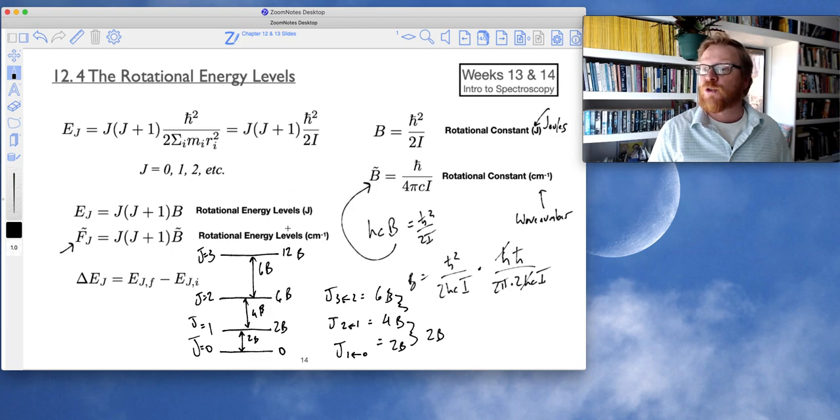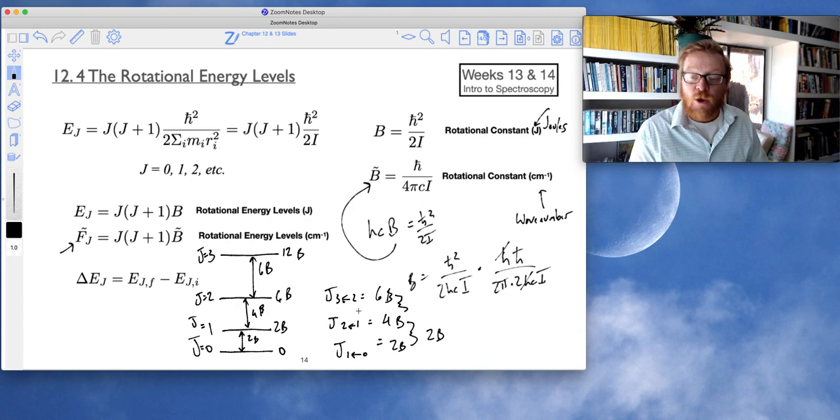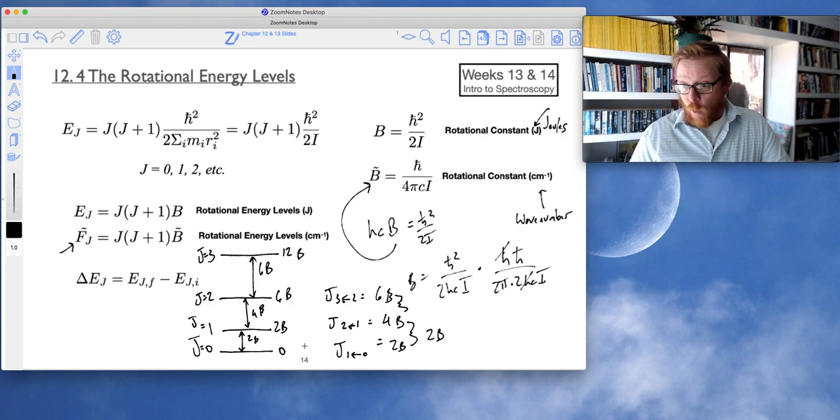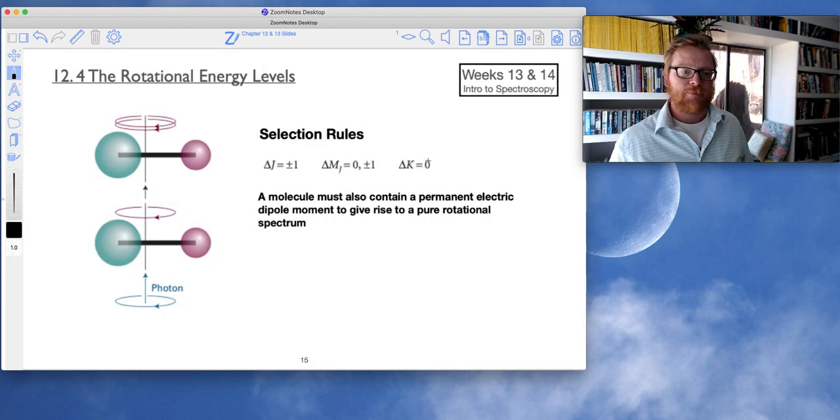So each level is growing by 2 times B. And because our molecules will have a population of rotational states, in other words, before we even excite this molecule with microwave energy, it's already going to have populations in level 3, level 2, level 1, level 0. And so what that means is we're going to see a spectrum with spacings every 2 times B. Okay, and I'll show you that here in a moment.